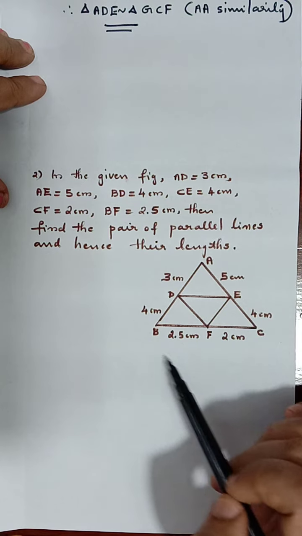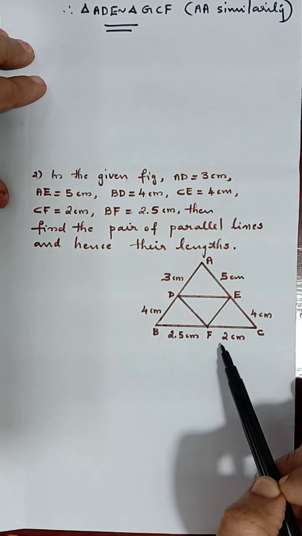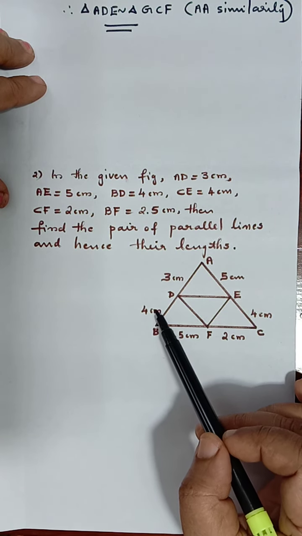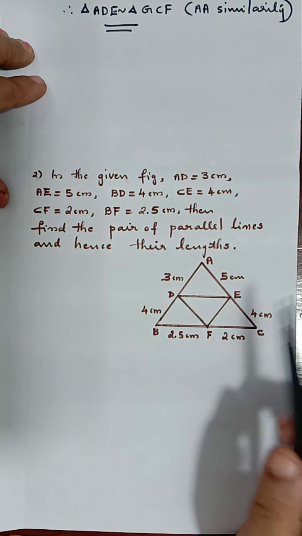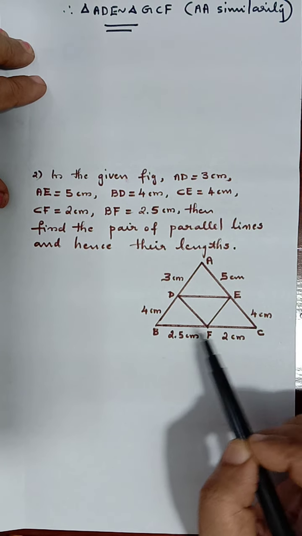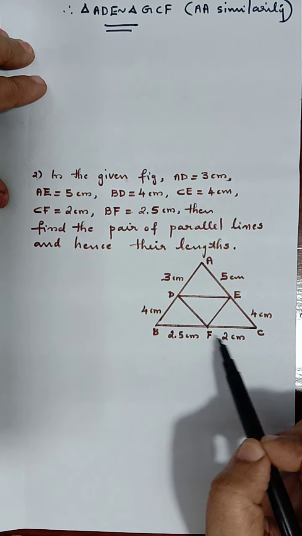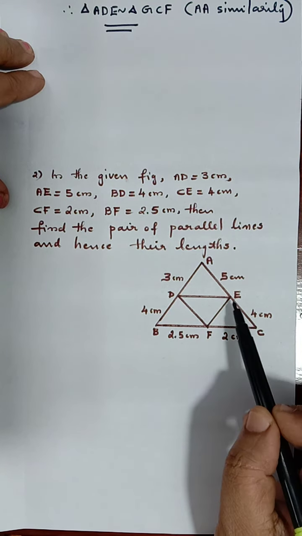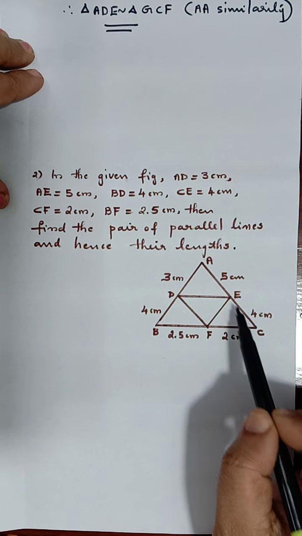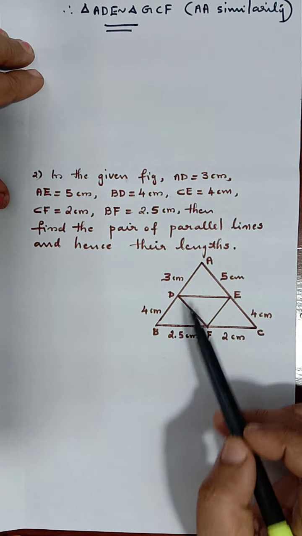So do you have a chance of getting 4 by 5 in any? In this, do you get 4 by 3? Now here do you have 2 by 2.5? Is this 2 by 2.5 same as 4 by 5? There is a chance. That is how we can say the proportionality of two sides of the triangle.